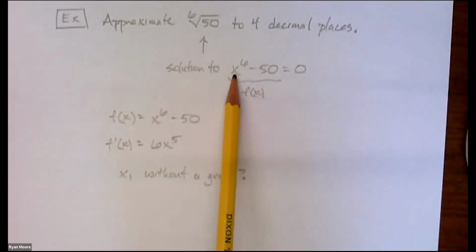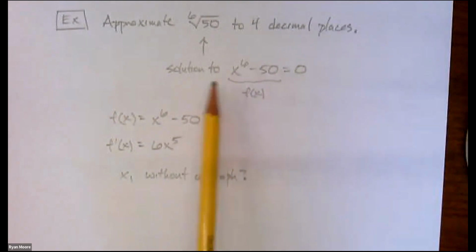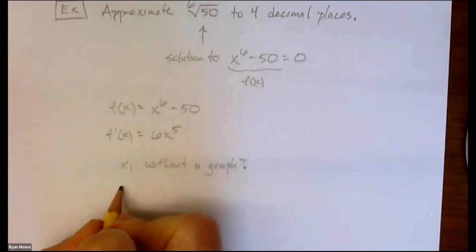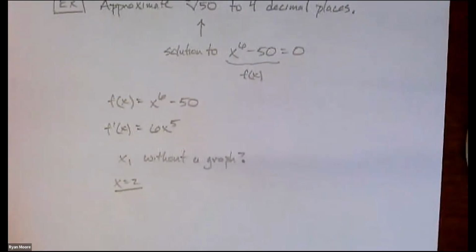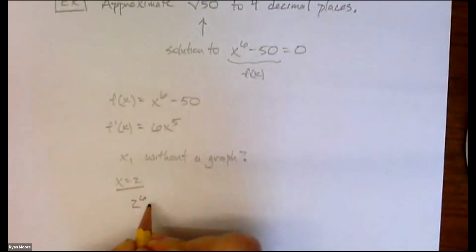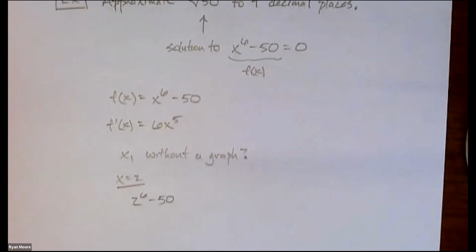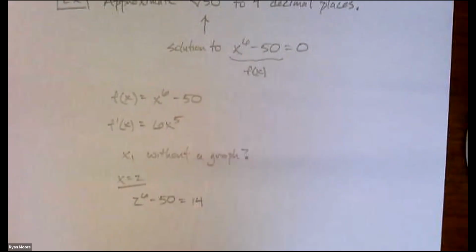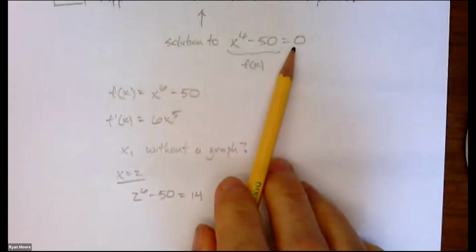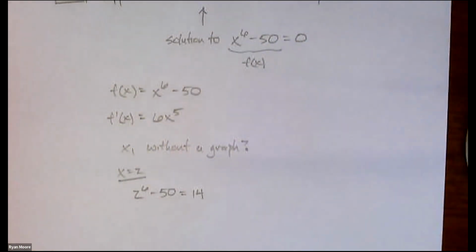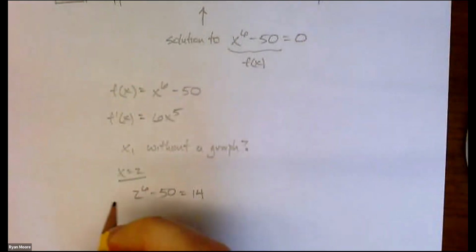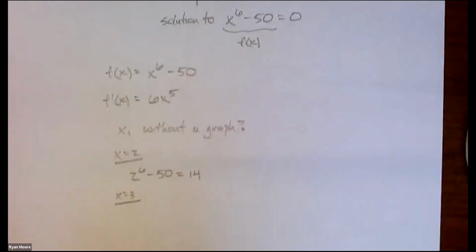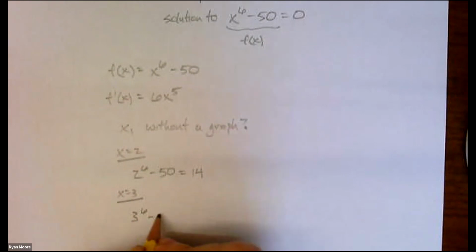Okay, so you might think, well, let's see, x equals 1 would not come very close to equaling 0. Maybe x equals 2. What is 2 to the 6th minus 50? Let's see, grab my calculator. 2 to the 6th minus 50 is 14. That's actually not all that far away from 0, considering. How about x equals 3? 3 to the 6th minus 50.